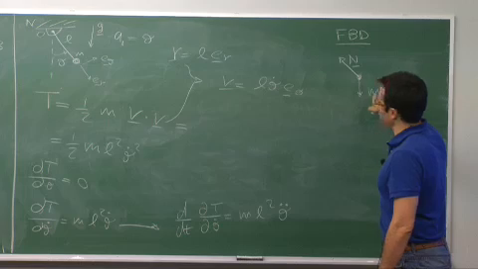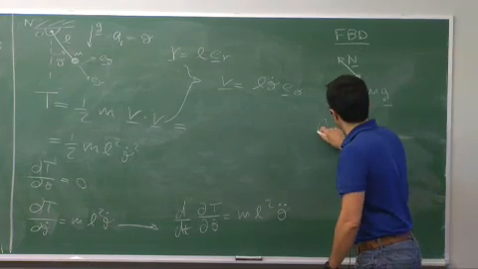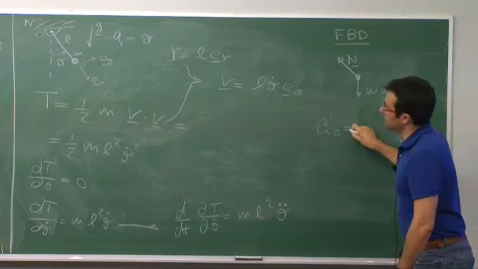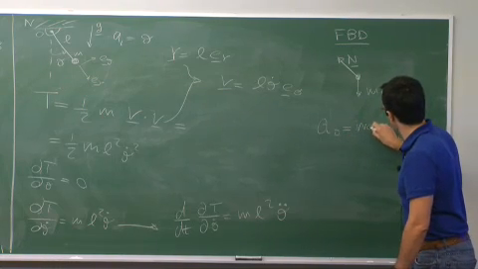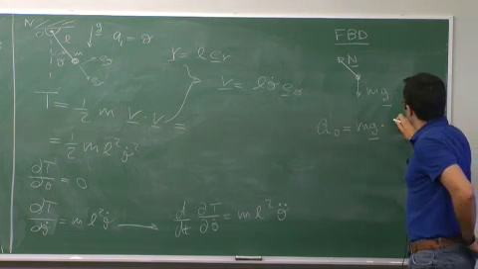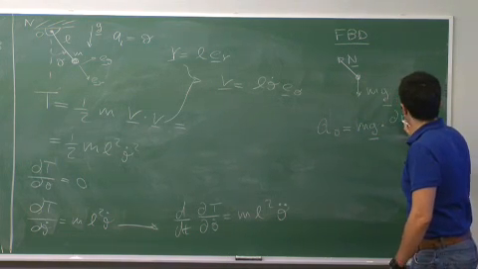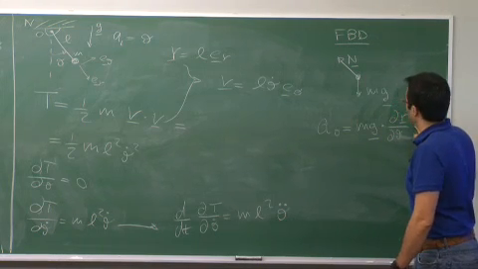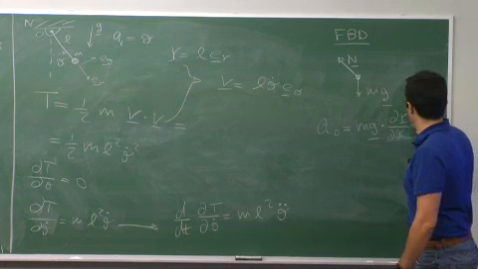So the only thing that I need to compute in my Q theta, because I only have theta here, is mg dotted with the partial of r with respect to theta. I think we did this already.